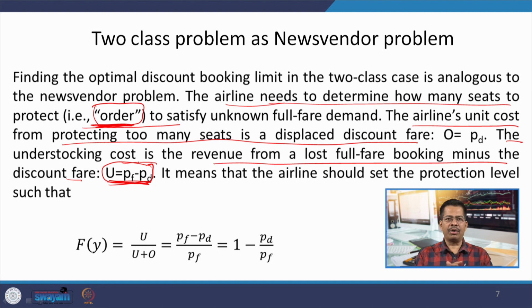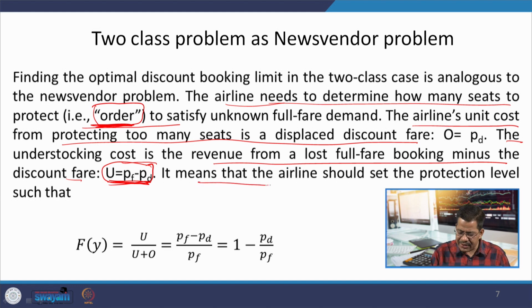And for the cost of over ordering, we know that you have actually procured more inventory, you are unable to sell that inventory, and therefore, this extra inventory available to you is a cost to you. So, it is equal to keeping a higher protection level. When you are keeping more for your discounted fare and there is a possibility of getting more customers in the full fare, that is actually the cost of understocking.